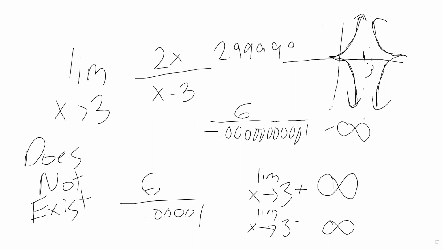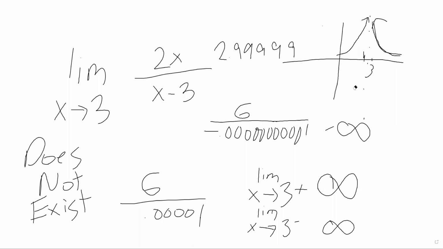I'm just doing an example here. This is what the graph would look like if we redrew it. This side would go up, this side would go down, whatever, but we're looking at it as if it went like this. So what if it went like that and they both finished at infinity?